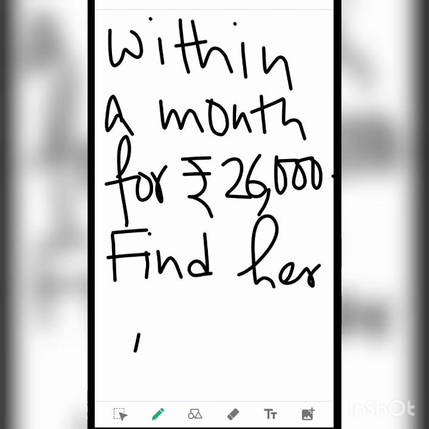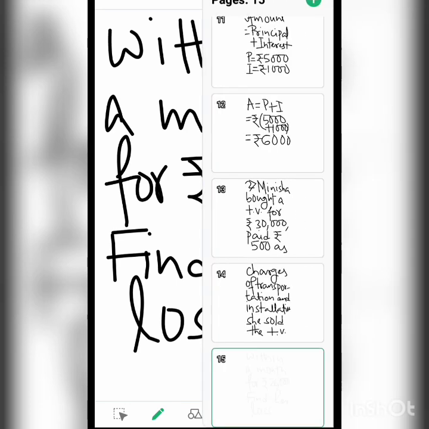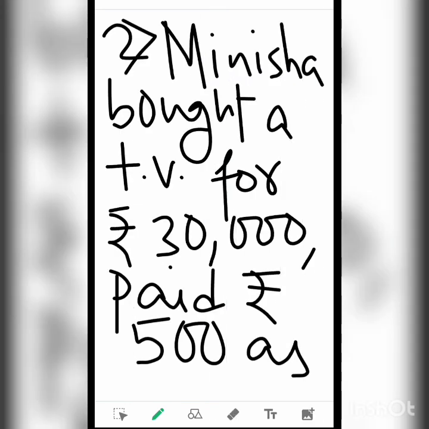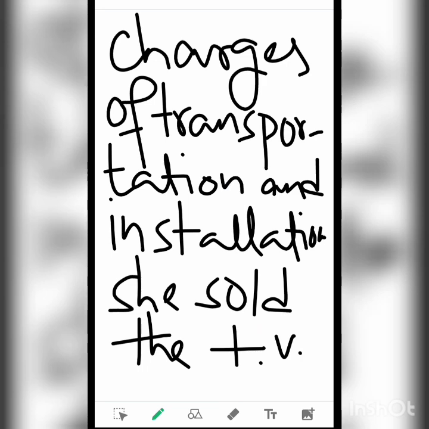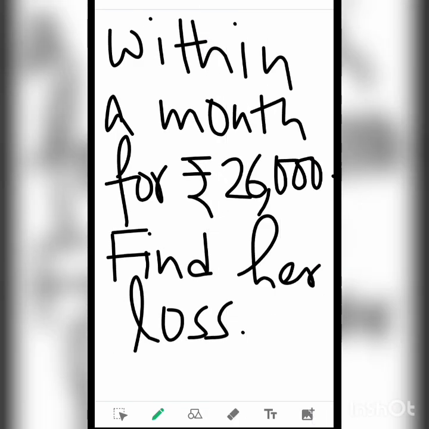So let me read out the question once again clearly. Minisha bought a TV for rupees 30,000, paid rupees 500 as charges of transportation and installation. She sold the TV within a month for rupees 26,000 and find the loss.